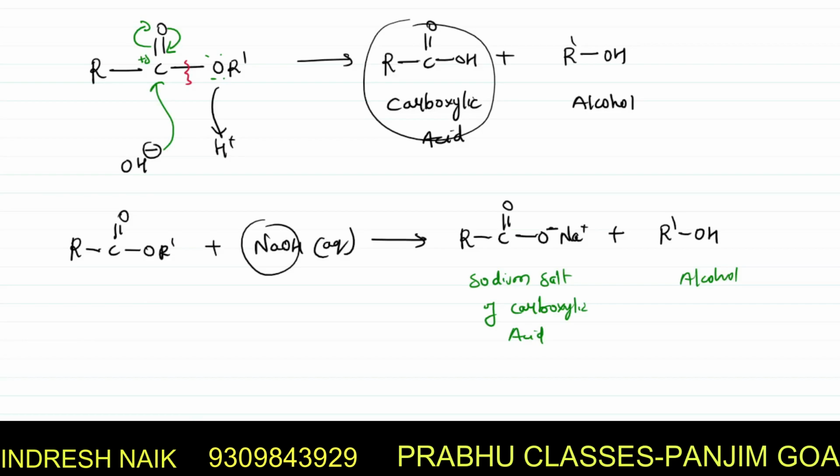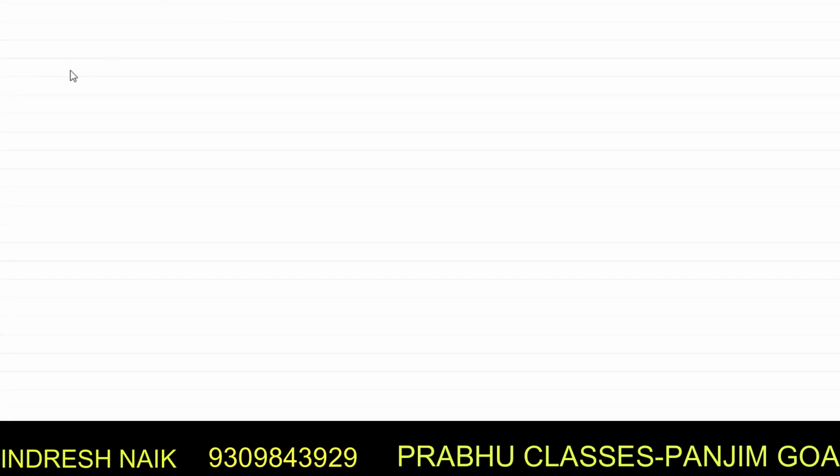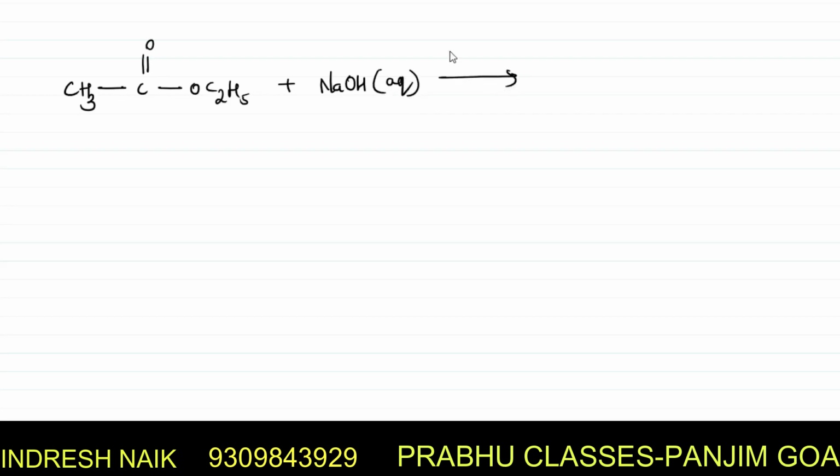More examples of this we can write in this manner. If we have an ester of this kind, CH3 C double bond O C2H5, and you are doing the hydrolysis with NaOH in aqueous medium, what you get is CH3COO minus Na plus, and the other product is the alcohol CH3CH2OH, C2H5OH.